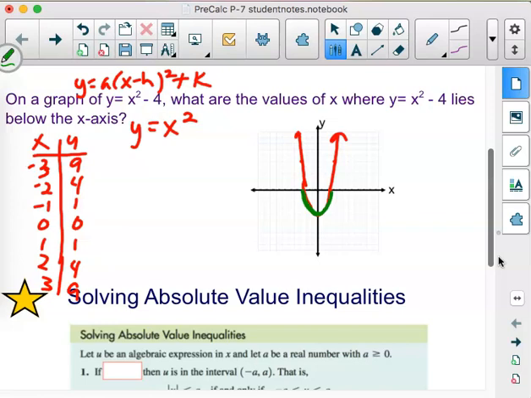And that's what we do when we're talking about inequalities. This one's kind of leading us there to the inequality piece. So x would be between -2 and 2. And then I ask myself, well, should I include -2 and 2? Well, no, it said below the x-axis. It didn't say equal to the x-axis.